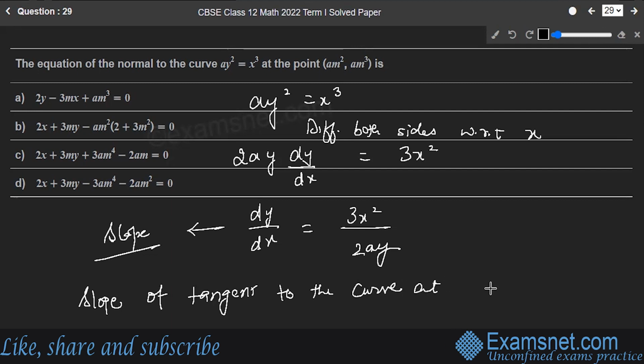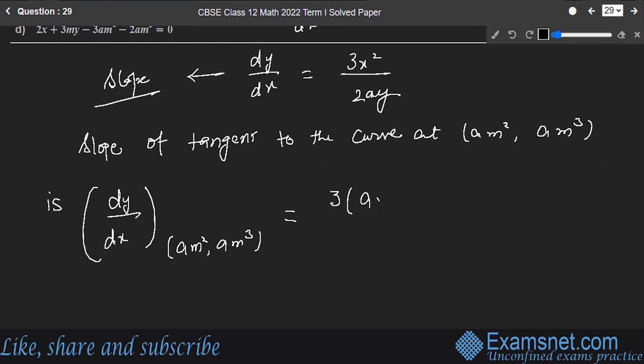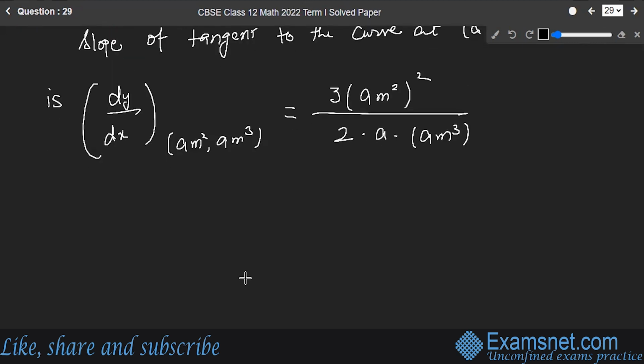You are given the point (am squared, am cubed). dy by dx at (am squared, am cubed) is 3 into a m squared upon 2 into a into a m cubed. This will make it 3a squared m raised to power 4 over 2a squared m raised to power 3. a squared will cancel, m's will cancel, and you have 3m by 2. Right? This is the slope of the tangent at this point.